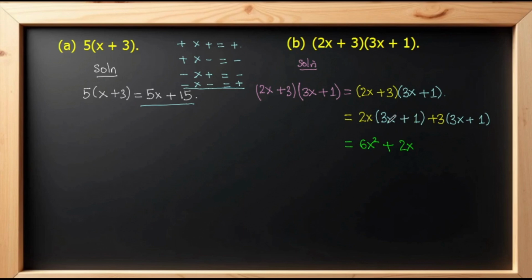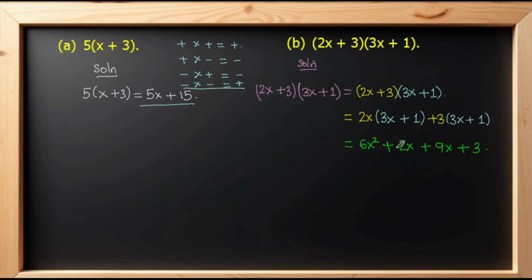Then we are done with the first bracket's term. Let's go to the next number with its bracket. We have 3 times 3x, and they are all positive, so it will give us positive 9x. Then 3 times 1, we get 3, and here we don't need to worry because everything is positive.